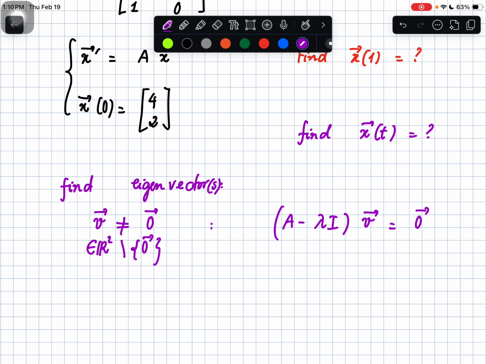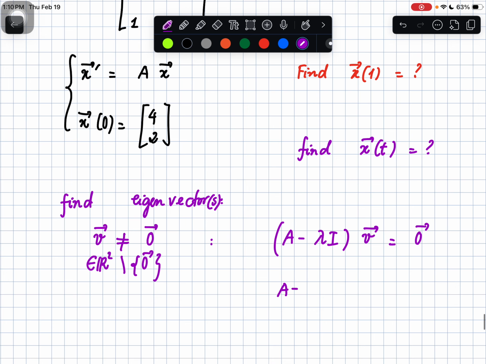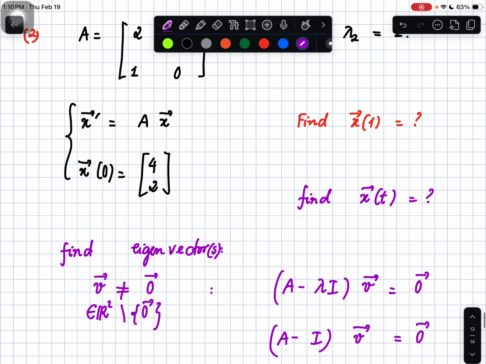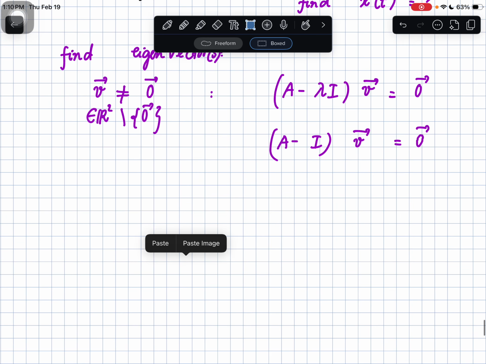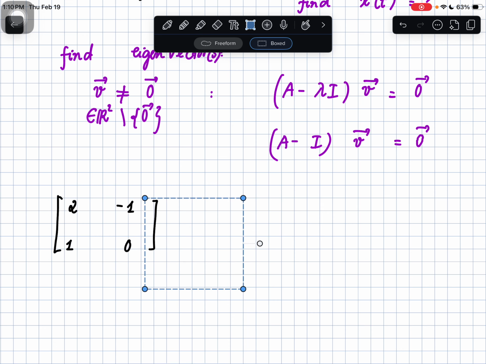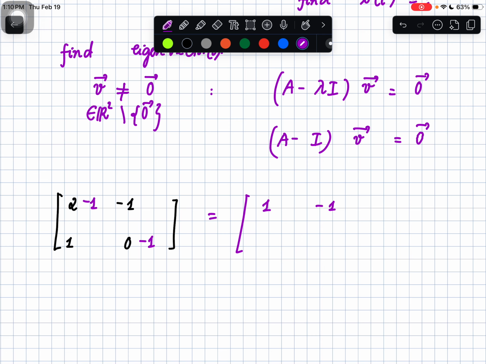So we solve that. A minus lambda I, A minus 1I, v equal to 0, because lambda equal to 1. This is our matrix A minus 1I. So we put minus 1 there. The matrix we get is (1, minus 1; 1, minus 1).